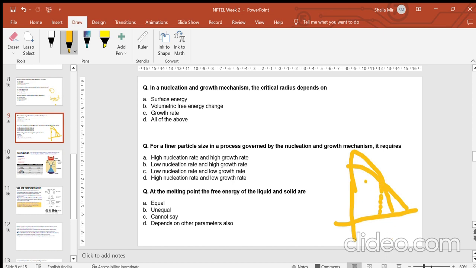Which is more stable? Above the melting point, the Gibbs free energy of the liquid is greater than the Gibbs free energy of the solid, and below the melting point the Gibbs free energy of the solid is greater than that of the liquid. At the melting point both of these are equal. Is it clear?